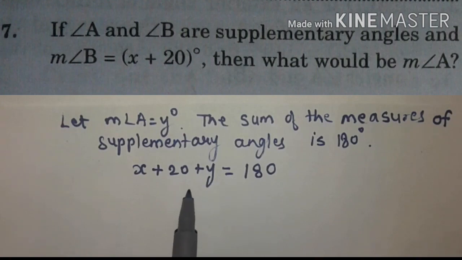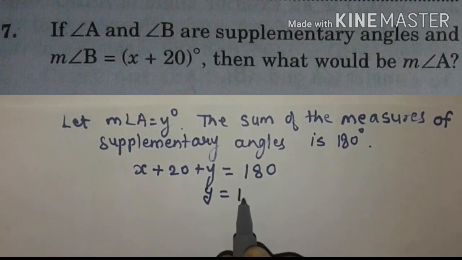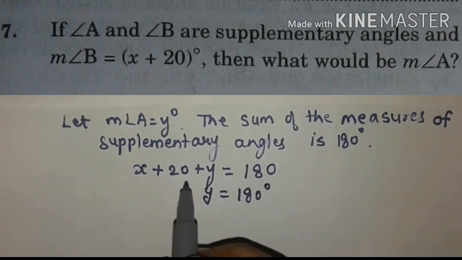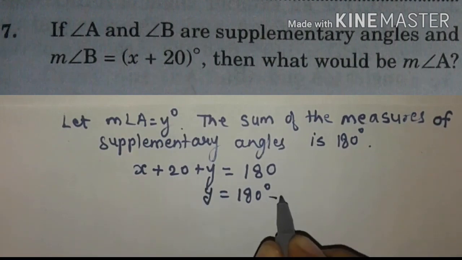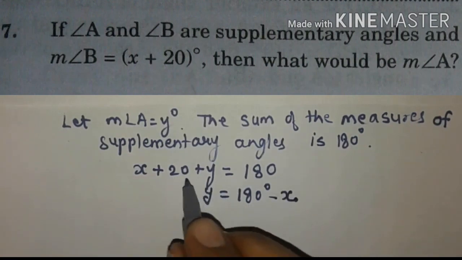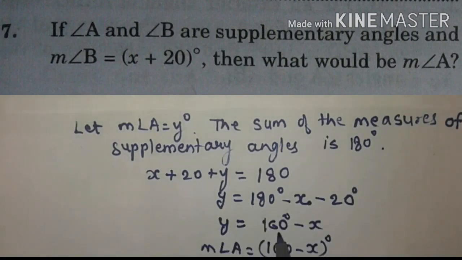Now here we will keep y on this side, then transpose this x plus 20 to the other side. So plus x will become minus x, then minus 20. Therefore y is equal to 180 minus 20 minus x, that is 160 minus x. The measure of angle A is equal to 160 minus x degree.